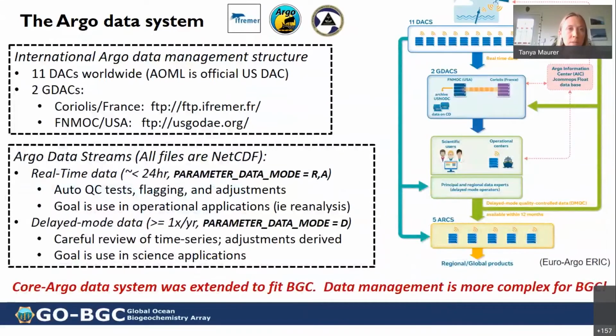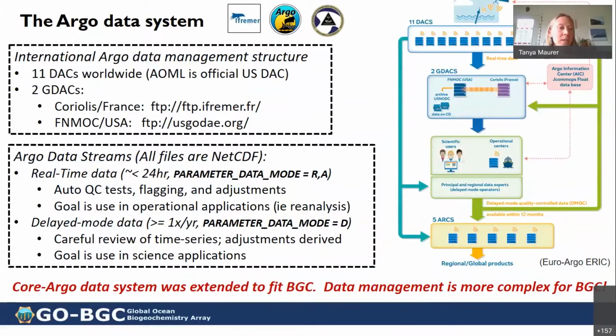Okay, so a bit about the international Argo data system itself. There are 11 data assembly centers worldwide, and AOML in Miami is our official US stack. So we work really closely with them for getting our assembled Argo files out to you and onto the two main central GDACs, or repositories, for user access.